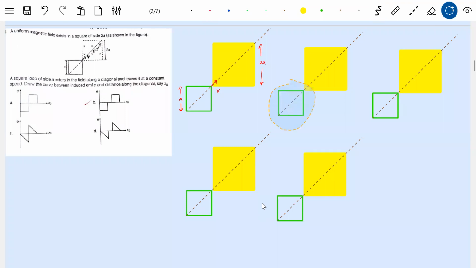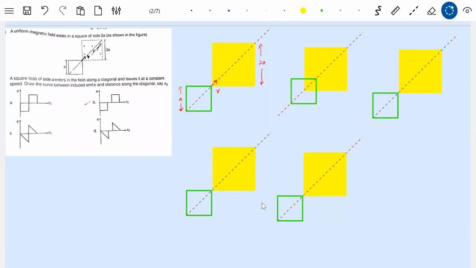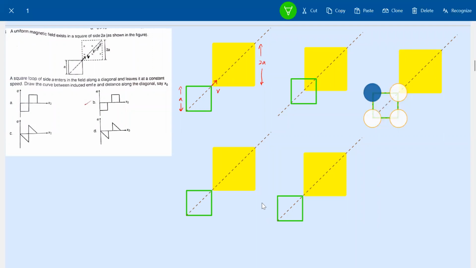Let's say that somewhere in some position it is going to enter the magnetic field, no? And after some time maybe it is fully inside.